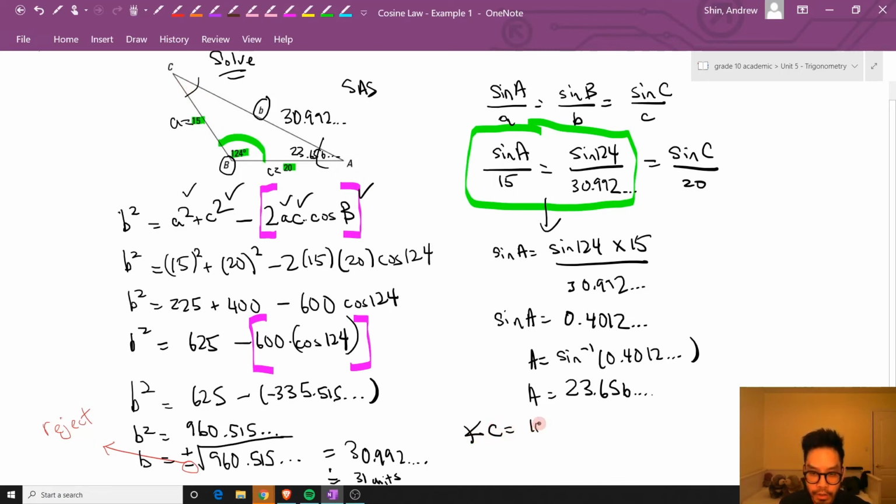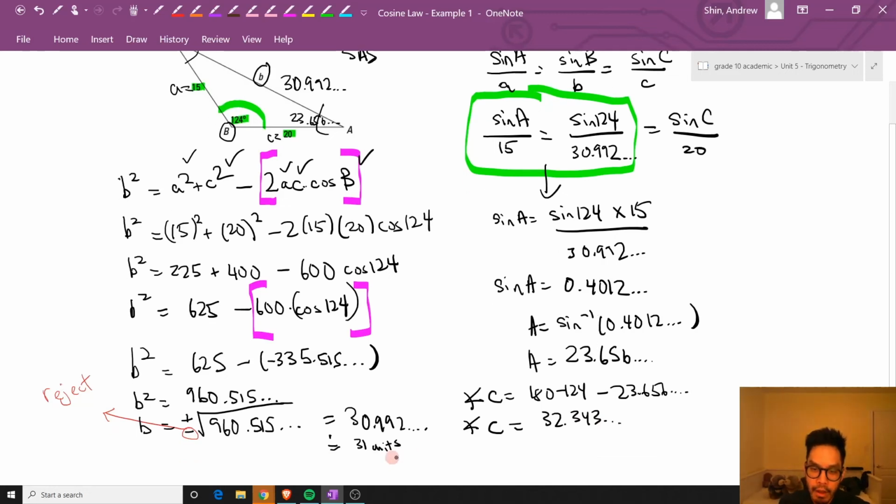And so we can solve for angle C now. Angle C is 180 minus 124 minus 23.656 dot dot dot. And we can do this because we know that all three angles in a triangle add up to 180. So I'm going to take 180, subtract 124 and subtract this number. So that's going to be 32.343 dot dot dot.